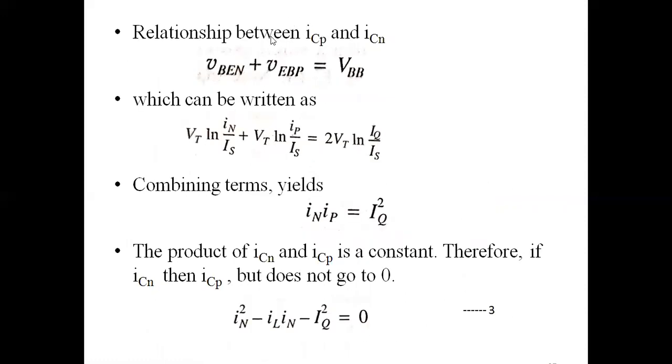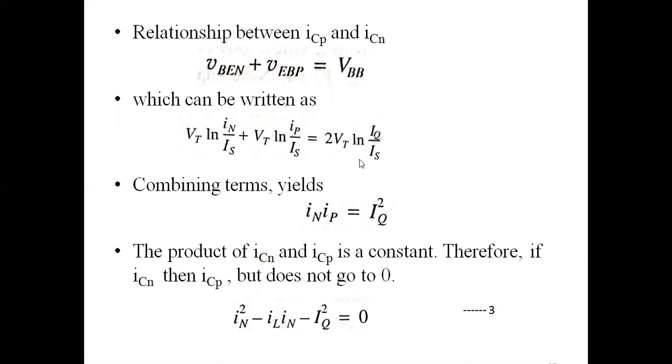And we can relate those things, that is IP and IN, with VBEN plus VEBP equal to VBB, according to our diagram. This can be written as Vt into natural logarithm of IN by Is plus Vt into natural logarithm of IP by Is is equal to 2 times Vt into natural logarithm of IQ by Is.